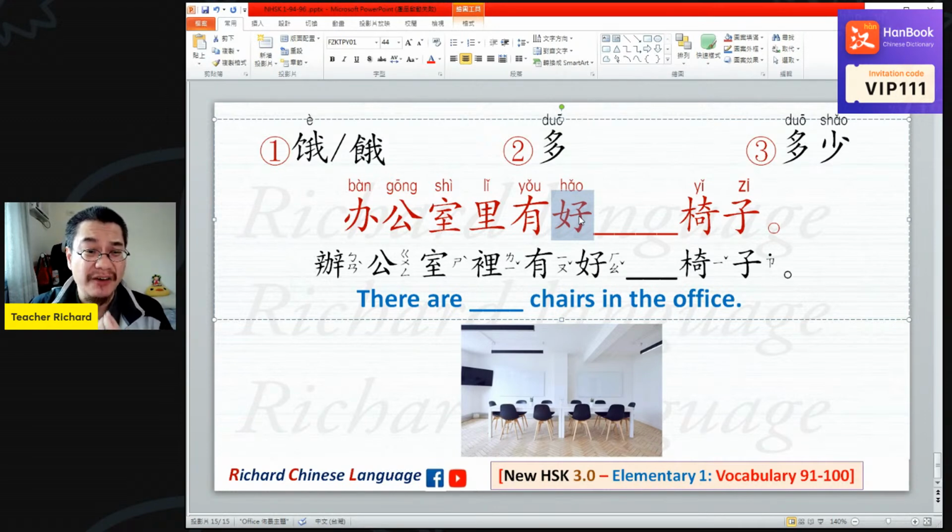That's a necessary function word to modify an adjective. Here, 好 is not good. 好 here means very. Okay, 好 has two meanings. As an adjective, it means good. As an adverb, it means very.